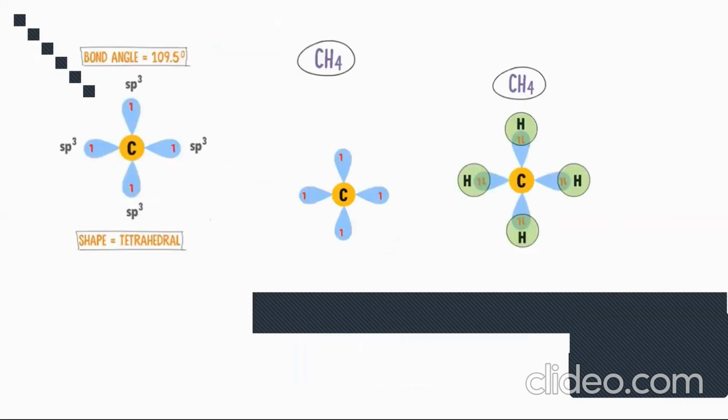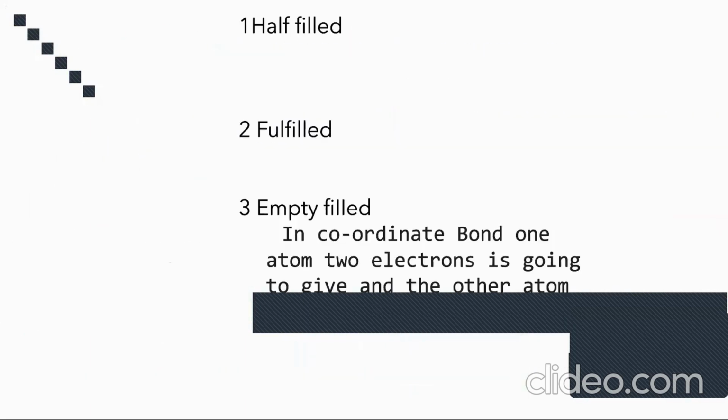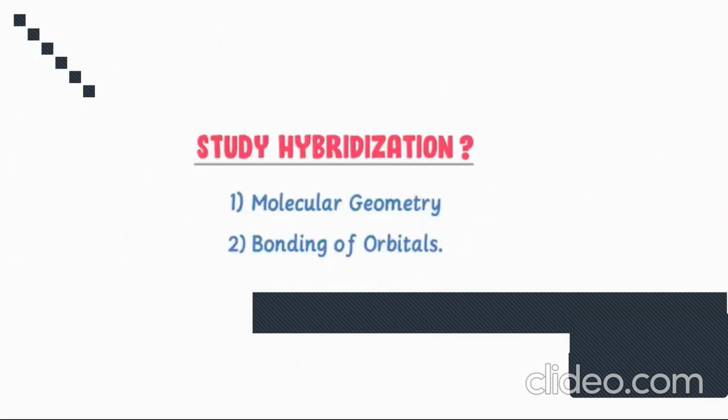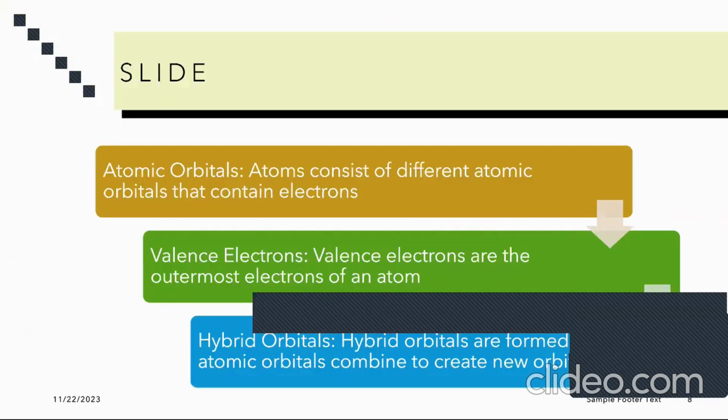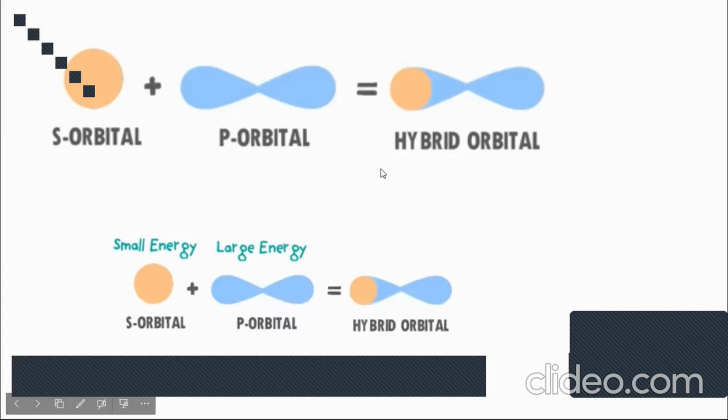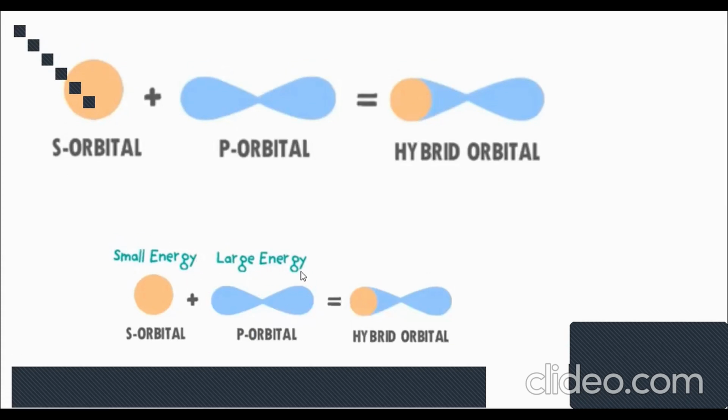Here you observe, we studied all this. s orbital plus p orbital, you are getting a hybrid orbital. This is having small energy and this is having large energy, and when these two combine together they form a hybrid orbital. Understood? Very good.